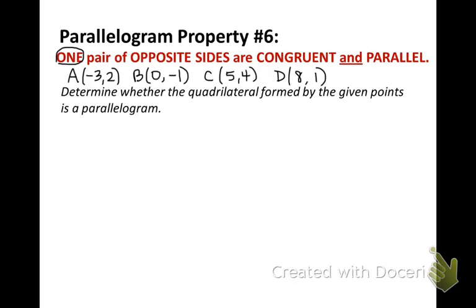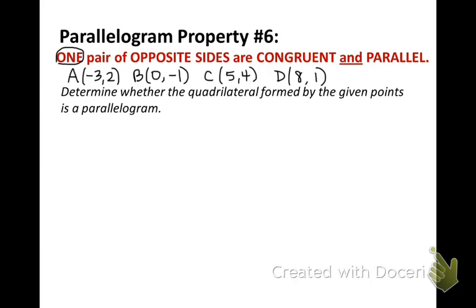All right. So I've given you a set of coordinate points, and I want you to algebraically show me if this is a parallelogram. And I'm going to say based on this property, all right? So what you need to do is show me that one pair of opposite sides in this parallelogram has parallel properties, which in a coordinate plane, how do we show parallel? Same slope, very good.